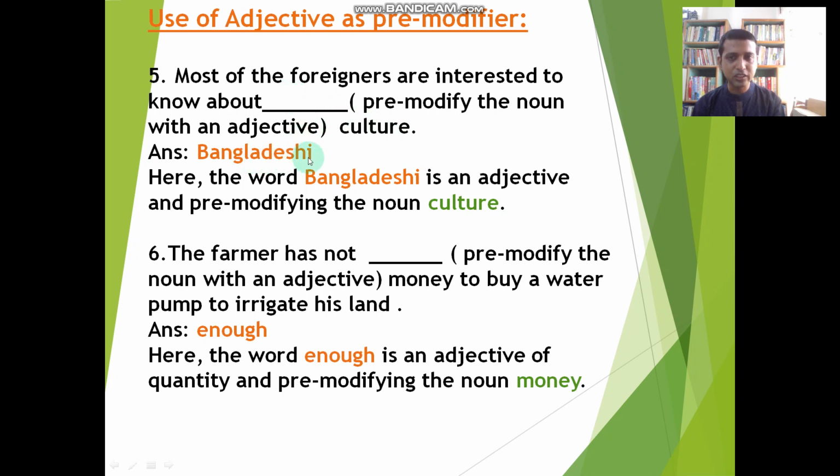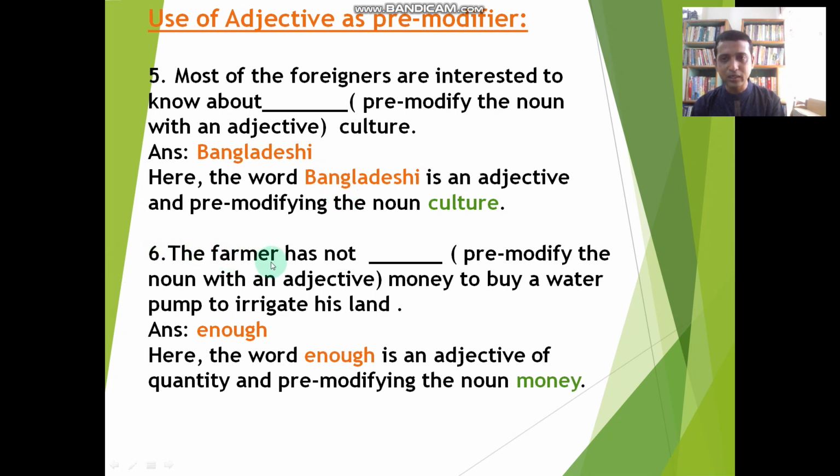If we take Bangladeshi for that gap, I think it creates a complete meaning. Most of the foreigners are interested to know about Bangladeshi culture. Here, the word Bangladeshi is an adjective and premodifying the noun culture. It creates a very sensible meaning.